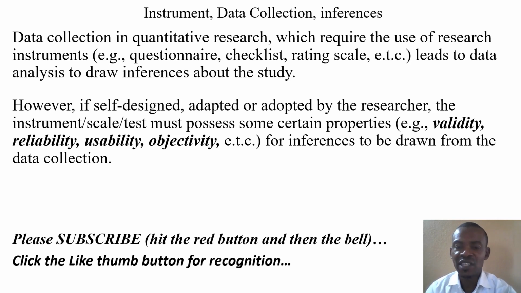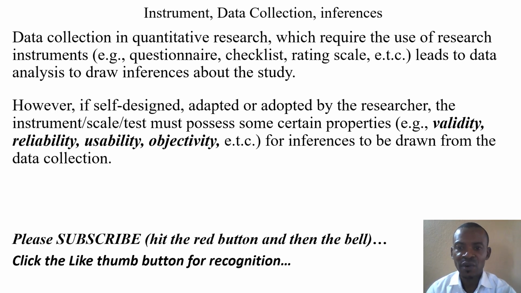However, if a researcher decides to develop an instrument by himself, that is a self-designed instrument, or adapt or adopt an instrument, the research instrument must possess certain qualities. And these qualities may include validity, reliability, usability, as the case may be.